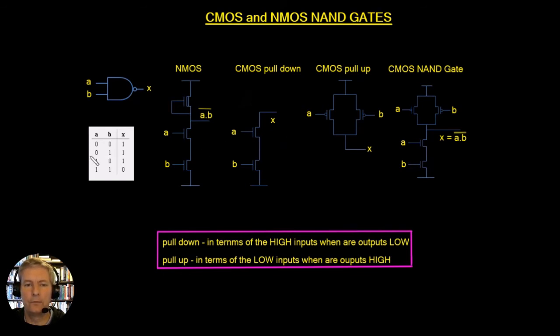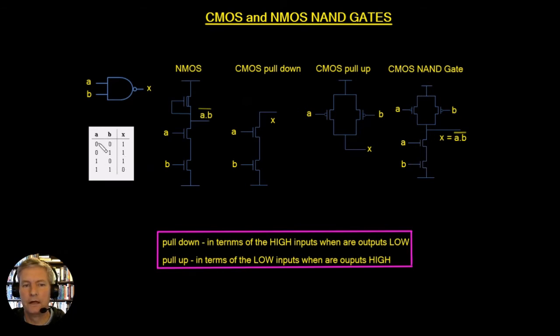So we're going to have a pull-up network, which is the two PMOS devices in parallel. And we can see here that we'll have our A input, our B input, and we would have our output, which we call X. So this here is going to give us these three here.